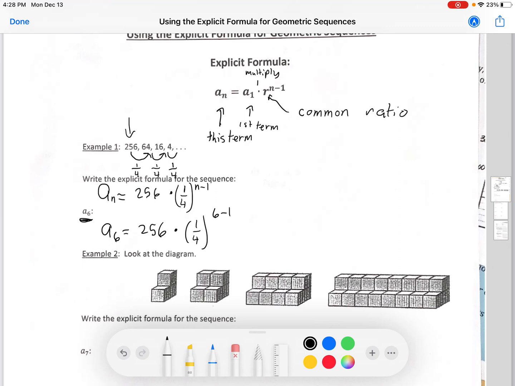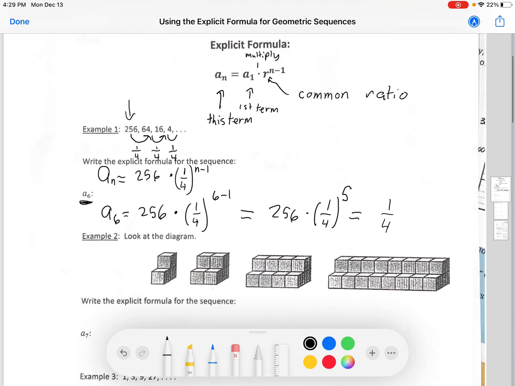I can't tell you the number of students I've seen make very simple mistakes on this because they weren't trying to be smarter than the calculator. So into your calculator, type 256 times parentheses 1/4. Now 6 minus 1 is 5. Type that into your calculator. Don't try to type in 6 minus 1 as that, because I have seen students get the answer wrong for that reason. You type that into your calculator, you should end up with 1/4.